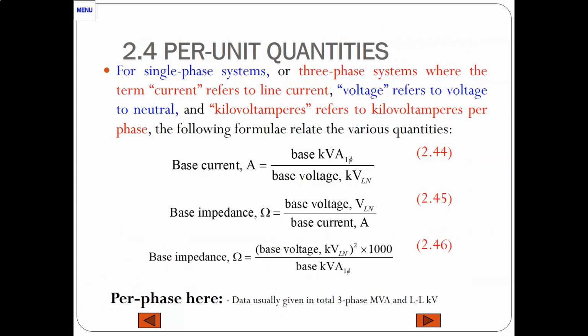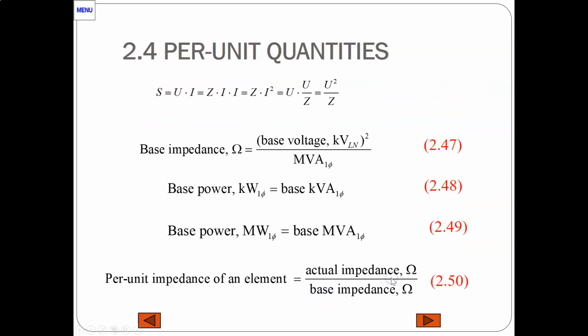An important thing is that for single-phase systems or three-phase systems, the term current refers to line current, and that's important, voltage refers to voltage to neutral, and kilovolt-amperes refers to kilovolt-amperes per phase. The following formulas, as you can see here, relate the various quantities. But often when we do analysis, the data will be given in total 3-phase MVA and line-to-line kilovolts.